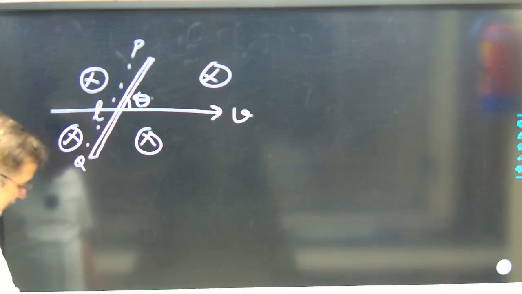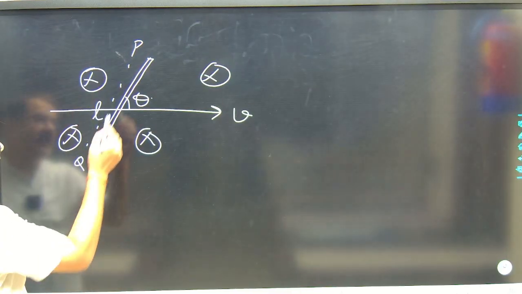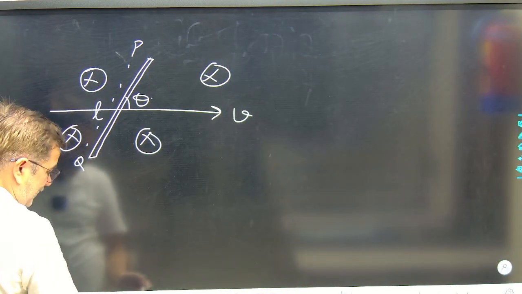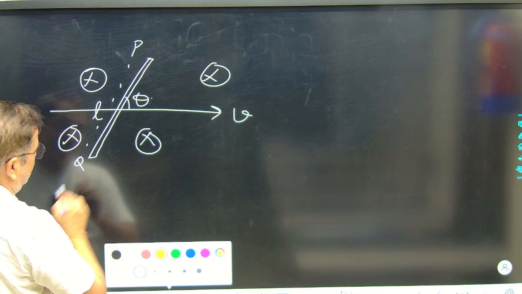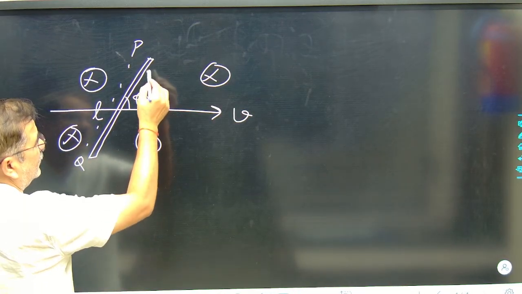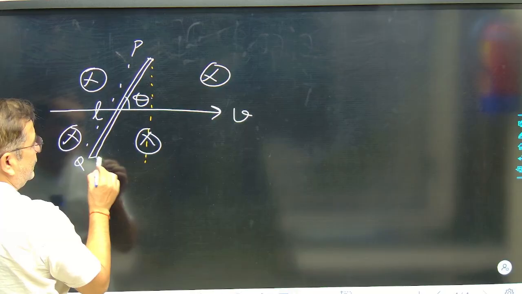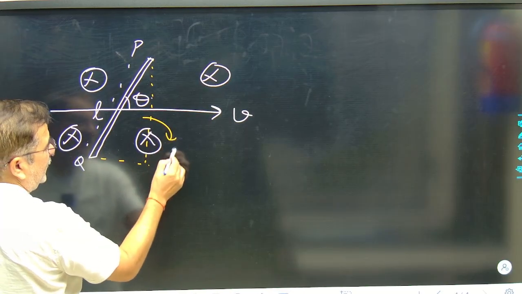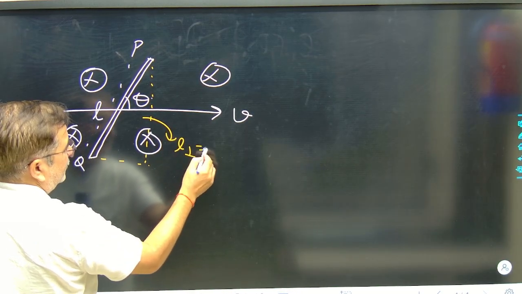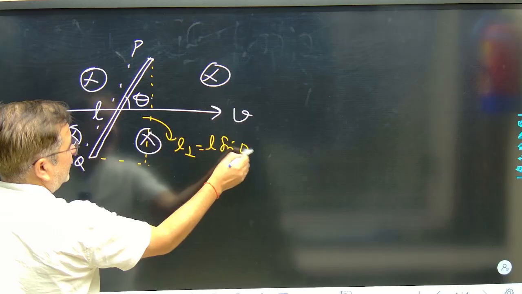So you see the length of the rod PQ, which is having length L, will take some length component perpendicular to the velocity. So the component perpendicular is this. This is L perpendicular, and this will be L sin theta.